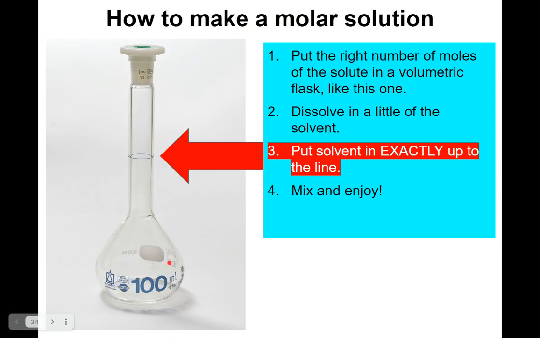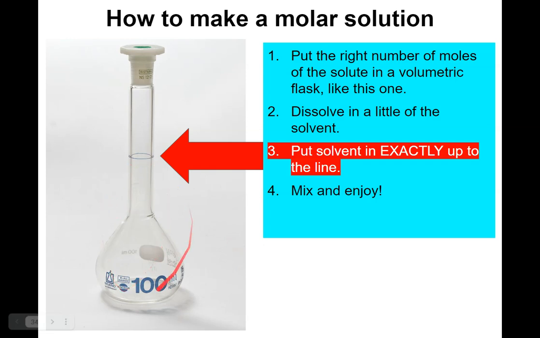How do you make a molar solution? You'd put the right number of moles of the solute in a volumetric flask like this. Volumetric flasks have this little skinny line at one point, and you dissolve the solute in a little of the solvent. So if you're using water, you put your stuff in the bottom, put some solvent in it, swoosh it around until it's all dissolved, and then you put in more water exactly up to the line.